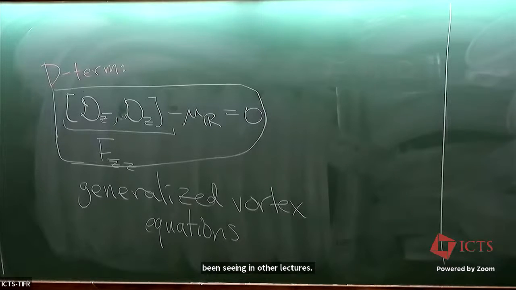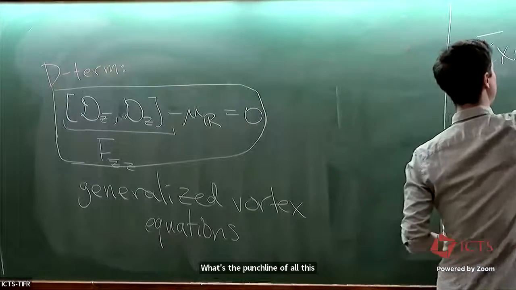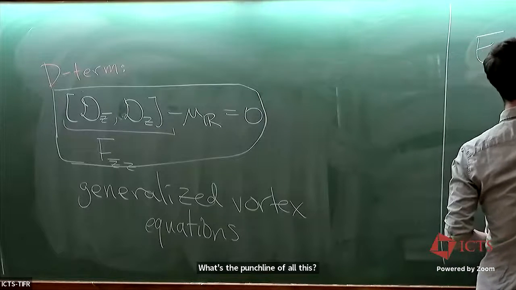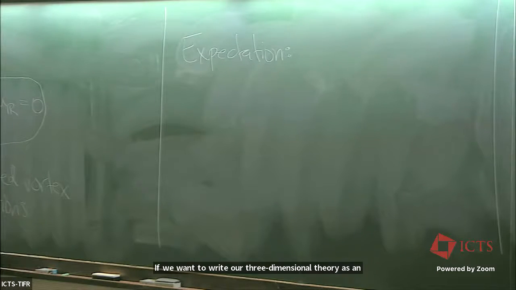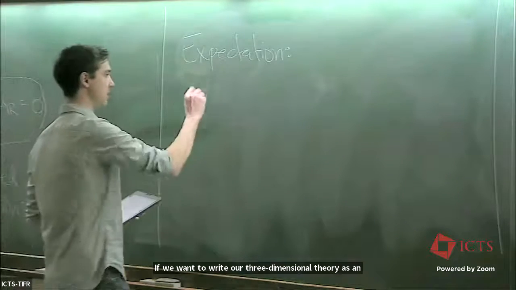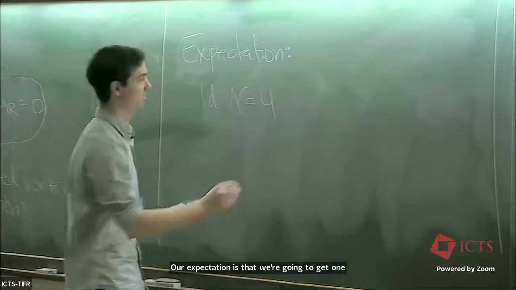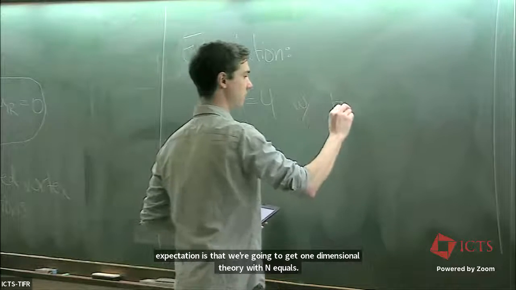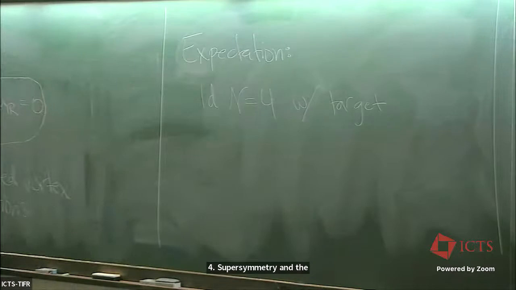So what's the punchline of all of this? If we want to write our three-dimensional theory as an effective one-dimensional theory, our expectation is that we're going to get a one-dimensional theory with N=4 supersymmetry, and the target is going to be the solutions of these equations.